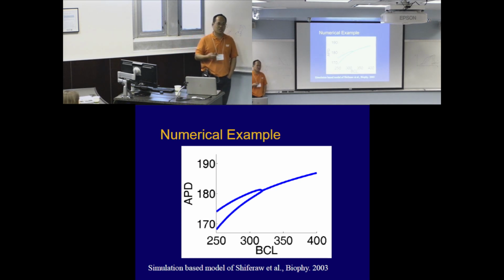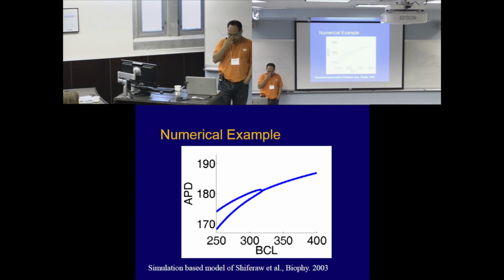Let me use a numerical example to demonstrate. I'm using the Shiferaw-Fox model, because this is a pretty good model that has a very good voltage model from the Fox model and a well-established calcium cycling from Shiferaw's work.